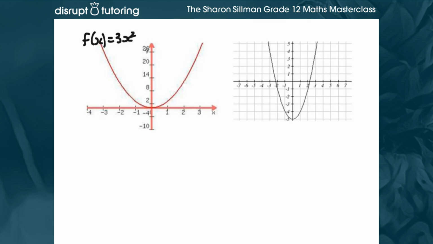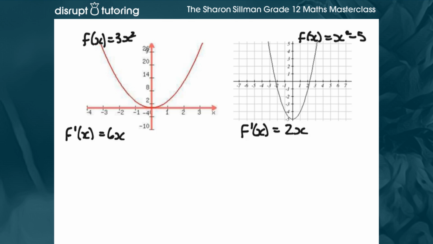And on the right hand side we have the function x squared minus 5. Those are the two functions that we've just worked with. We found that the derivative of the first function was 6x, and the derivative of the second one was 2x.